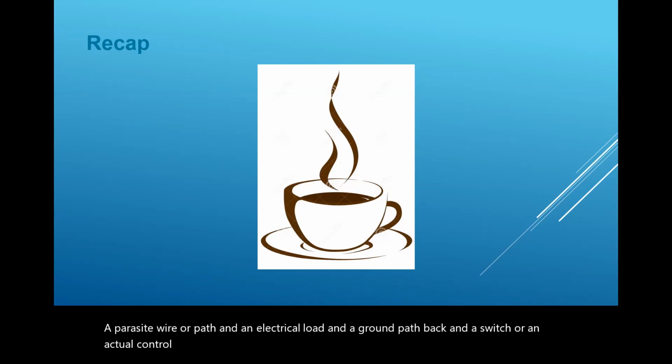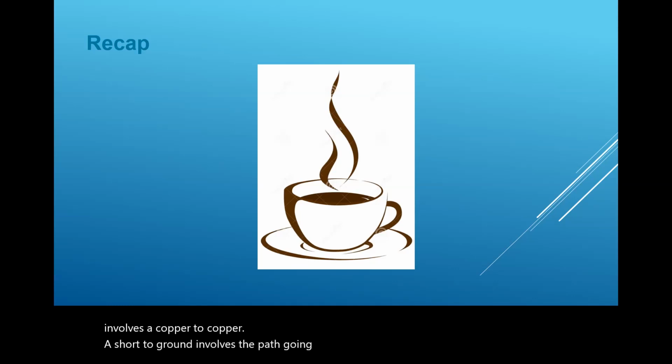We use a lot of computers to control a lot of it now. A short to voltage involves copper to copper. A short to ground involves a path going directly to ground. And an open is a break in the circuit.